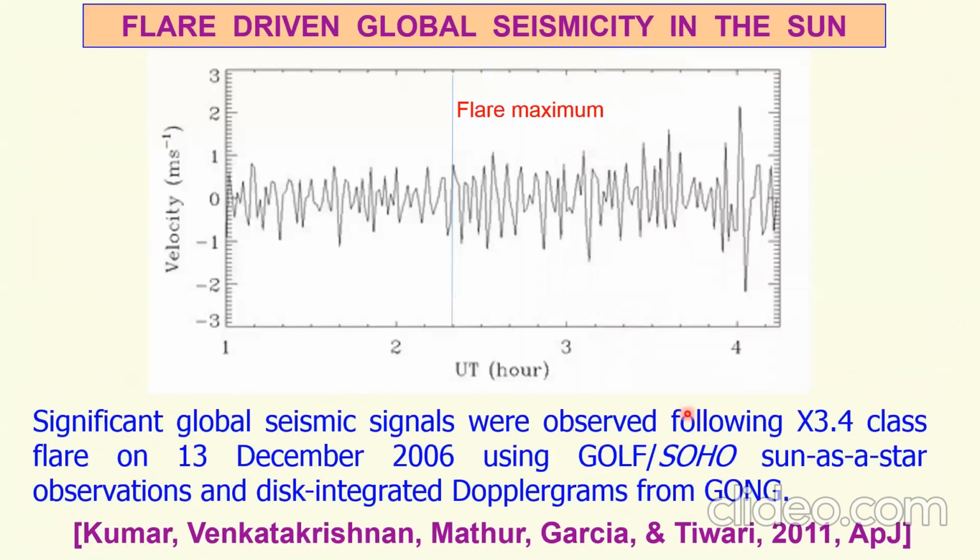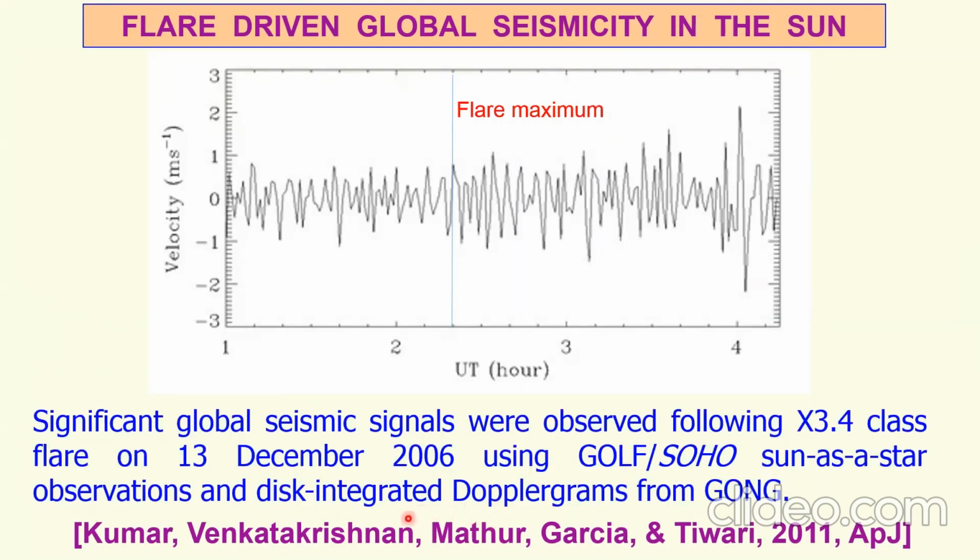Now again, we try to see if this flare has also given global seismicity in the sun. So then we used the data from GOLF, because GOLF is a mission on SOHO, which is dedicated for sun as a star velocity observations, taken in velocity as a Dopplergram using the Doppler concept.